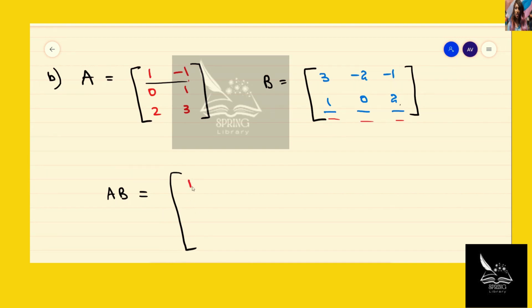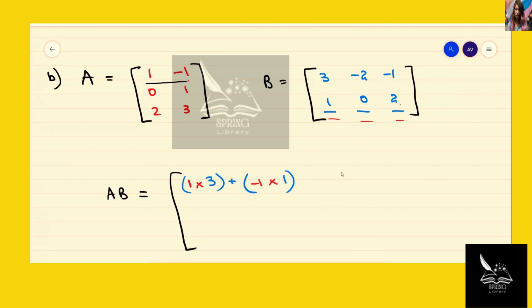So we will have 1 times 3 plus minus 1 times 1. That is the first row of A and the first column of B. Right?